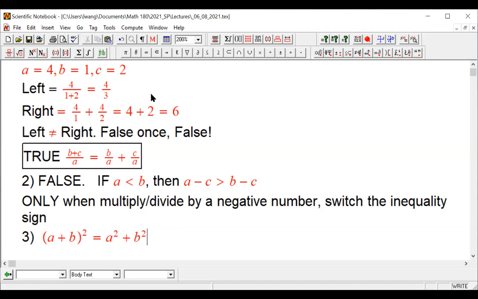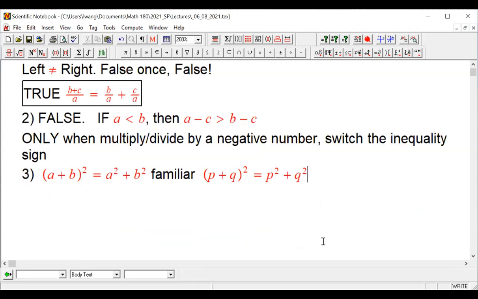And this is a similar example. It's already addressed many times. This is just with different symbols, right? That's a familiar case. You know that symbol is just a placeholder, PQ, right? And nobody should make these mistakes.